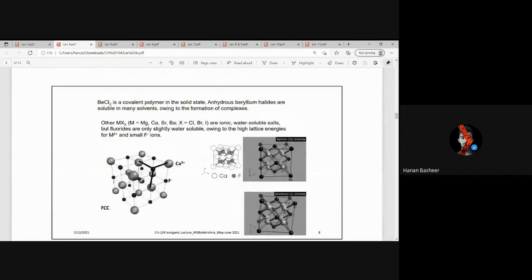Then this is the structure of Ca2+ F-, which forms an FCC structure, and BeCl2 is a covalent polymer. So we observe that it follows a structure like B2H6. Since it forms something like that, we get the compound Be2Cl4.